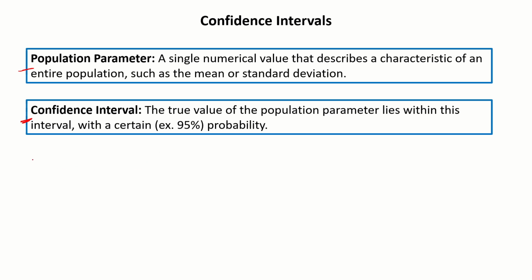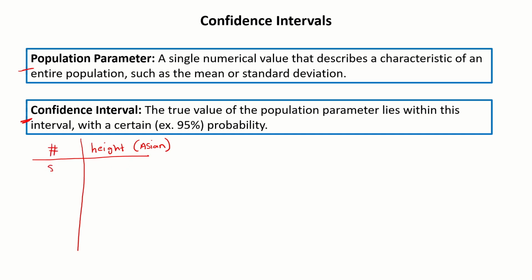So as an example, let's say we were trying to measure the average height of all Asians. Now, obviously, it's impossible to measure every single Asian person on the planet and obtain their heights. But what we can do is we can take a sample of Asians.